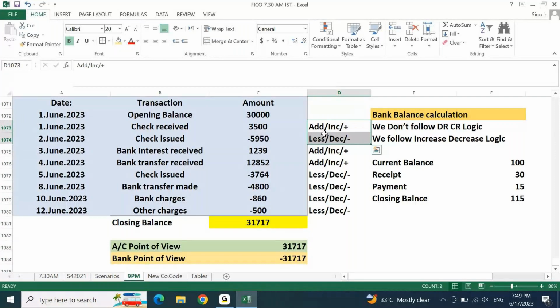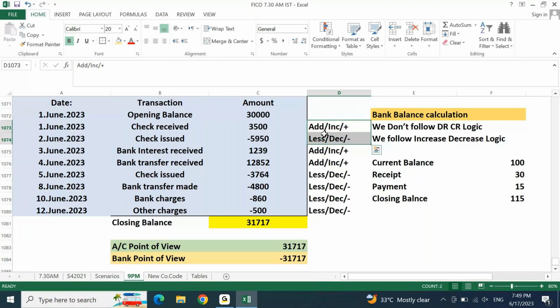That depends on how you are seeing the transaction. If you see it from the banking point of view and you are thinking from the accounting point of view, you are wrong. On the other side, if you are seeing it from the accounting point of view and thinking from the banking point of view, again you are wrong.